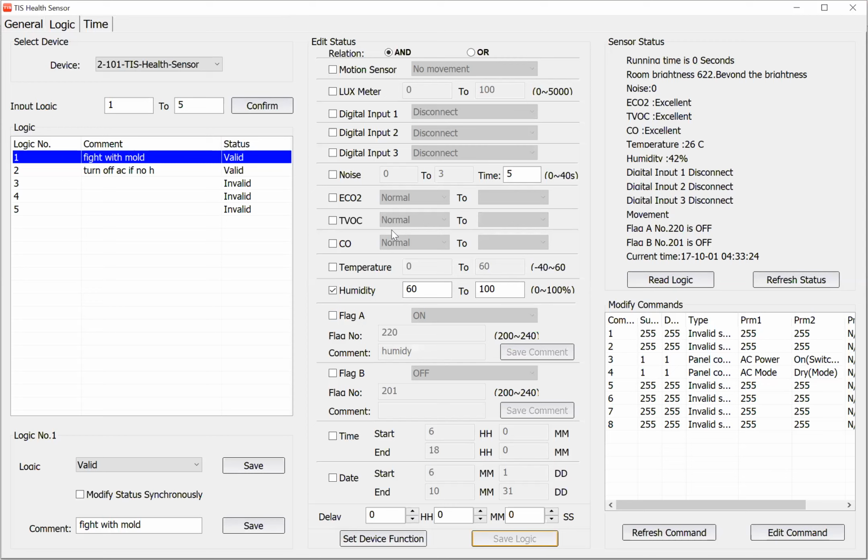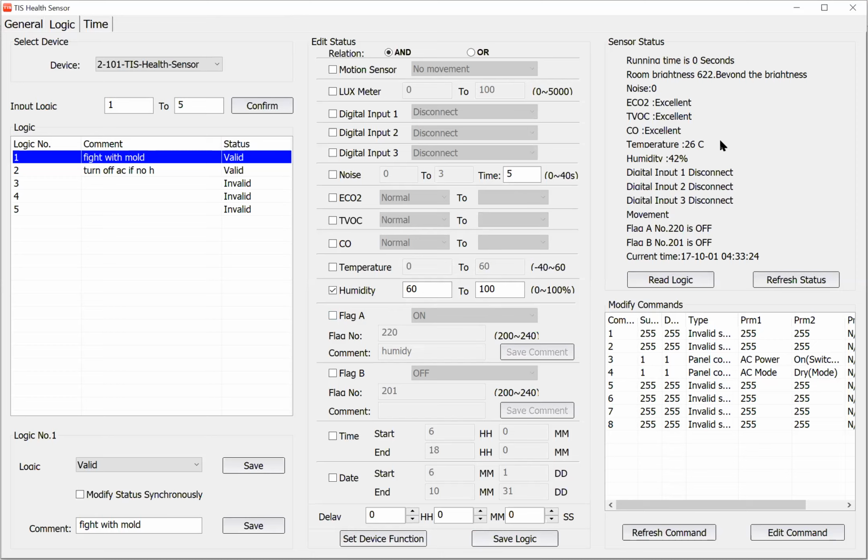It's not related to the button. Every time the humidity is between 60% to 100%, turn on the air conditioner. And it depends on you. You can add this logic or you can disable this logic.